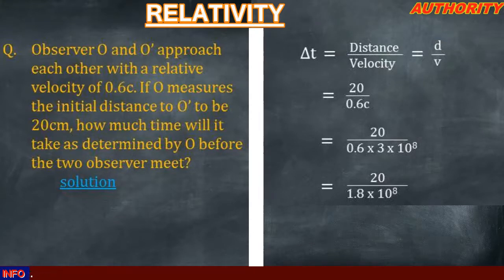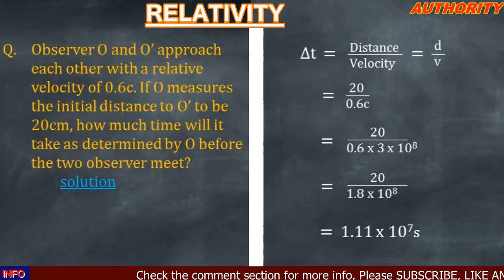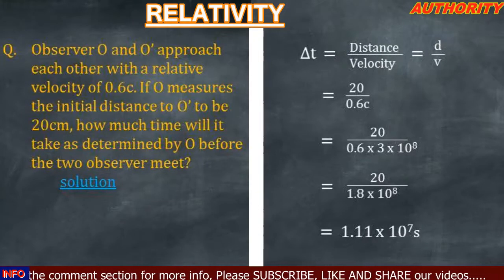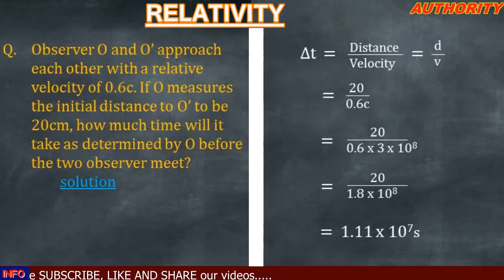So when we say 20 divided by 1.8 times 10 raised to power 8, it's going to give us 1.11 times 10 raised to power 7 seconds. Okay, so this is the amount of time it will take for the two observers to meet.